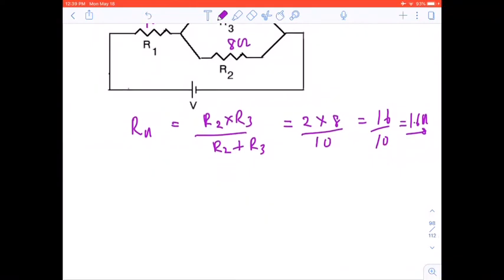So what's our total? Our total R is equal to 4 ohms plus 1.6 ohms, which then gives us R total is equal to 5 ohms.